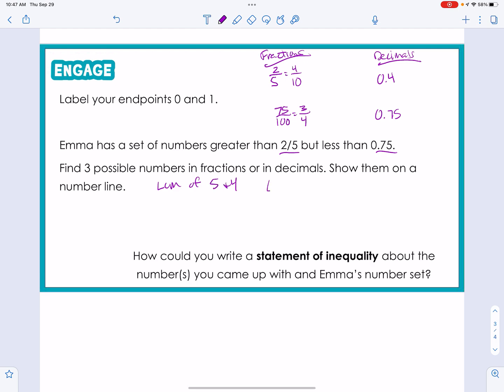And we know if we were to do our double ladder, there are no common factors, so we would just need to multiply, and 5 times 4 is 20. So we would need to show 20ths on our number line. So we're going from 4/10 to 75/100, or 2/5 to 3/4.